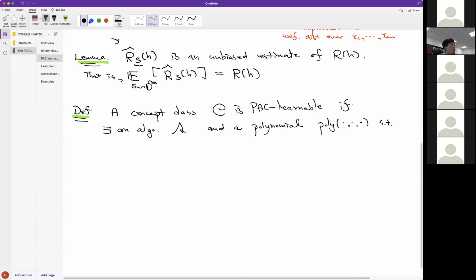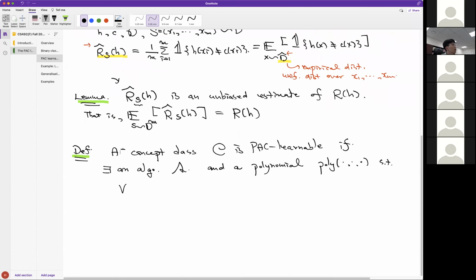So there is a polynomial such that for all concepts C in the concept class, and for any distribution on the inputs, which means in any learning scenario, and then the next quantification is about how good a solution we want.